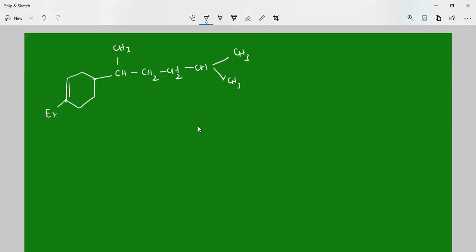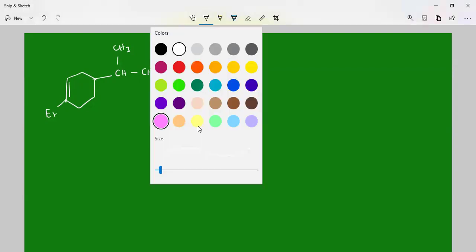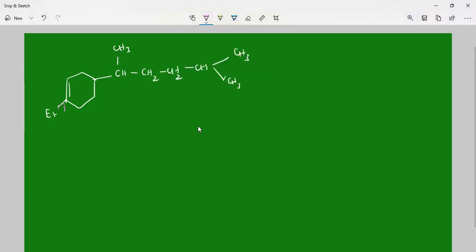So in this particular case, you will start the numbering differently. This is the first one, and this is the fourth one for the ring. Cyclohexane is the ring, and on the first one we have ethyl.